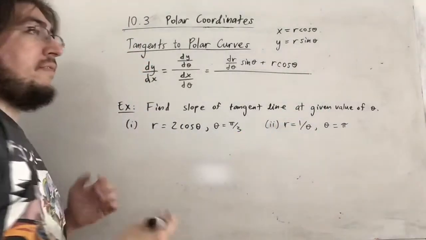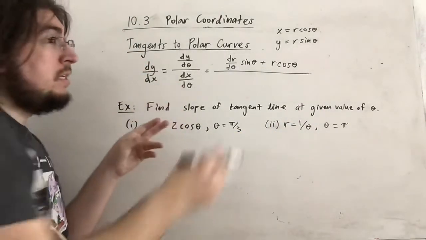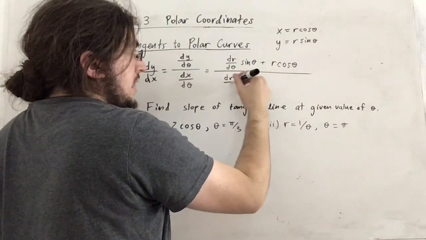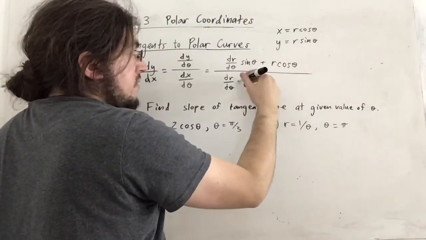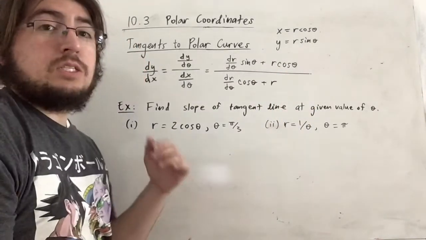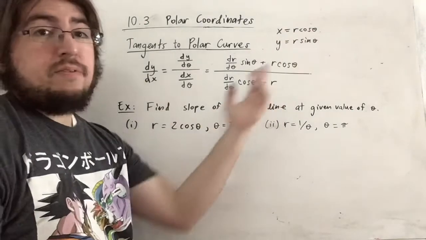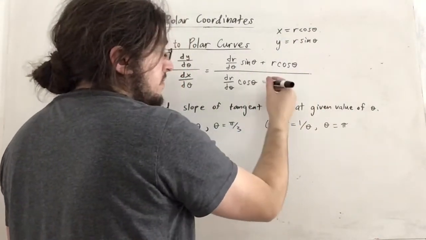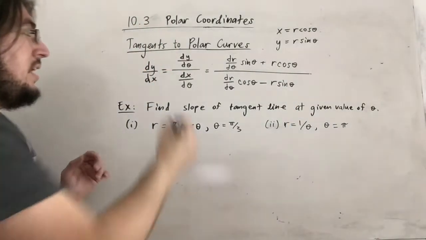Very similar for dx/d theta. Again, product rule. Derivative of the first, dr/d theta, regular of the second, cosine, plus regular of the first, r, times derivative of the second. Derivative of cosine is negative sine, so I'll change this to negative. There we go. And this is it, actually.